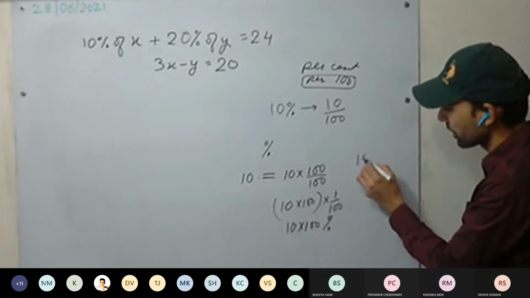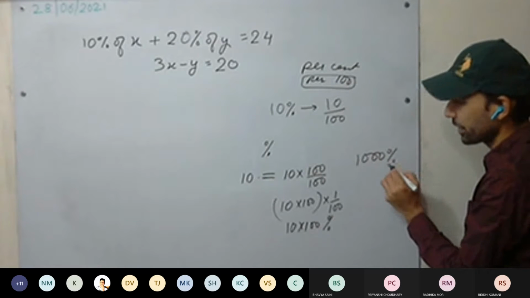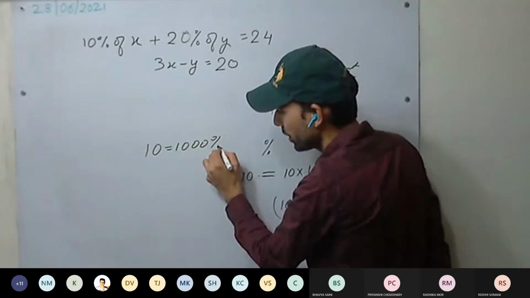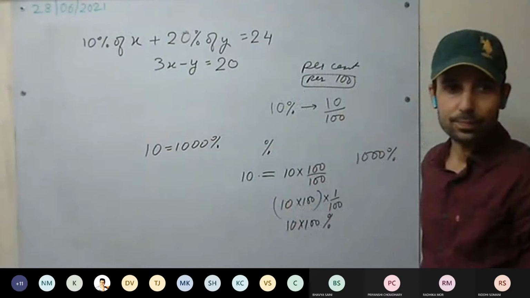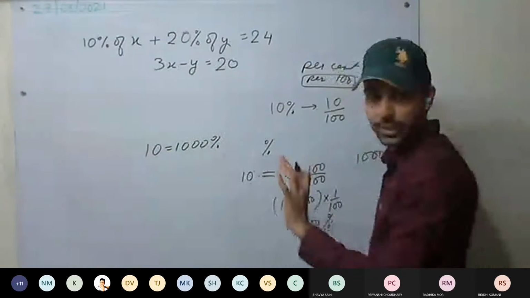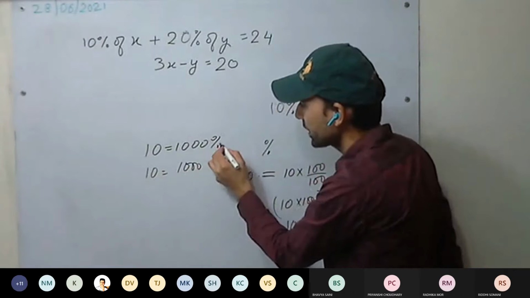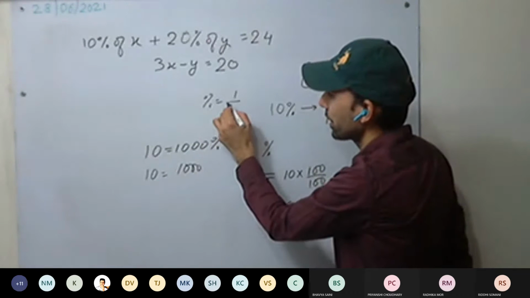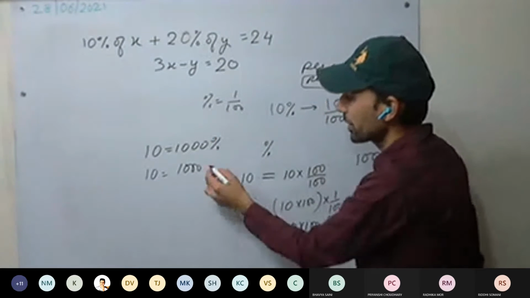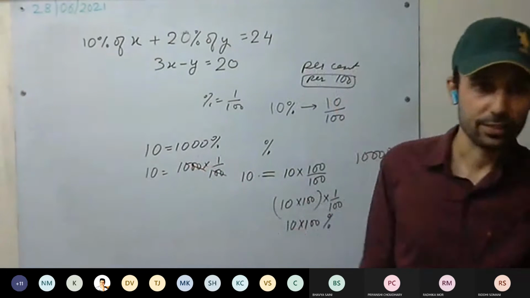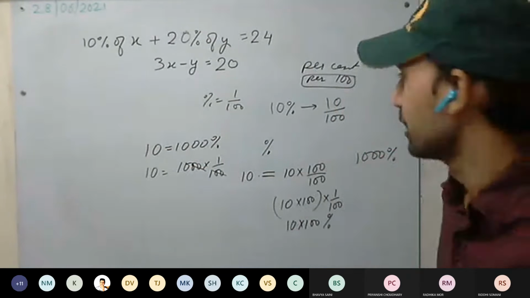So it will be how much? 1000 percentage. So 10 equal to 1000%. Are these the same or not? These are the same, because the percentage sign is nothing but 1 by 100. It is 1 by 100 into 1 by 100, they get cancelled. Again, you're getting 10. So percentage chapter is clear.